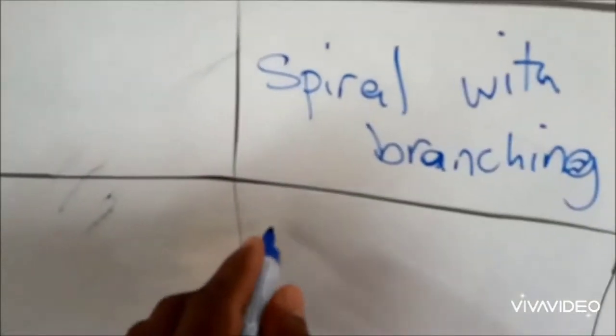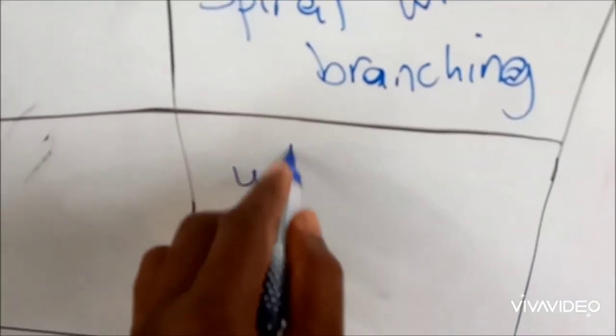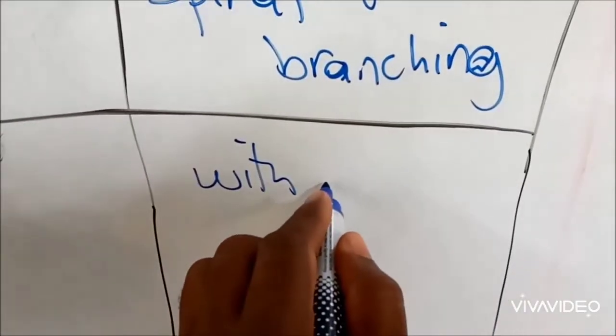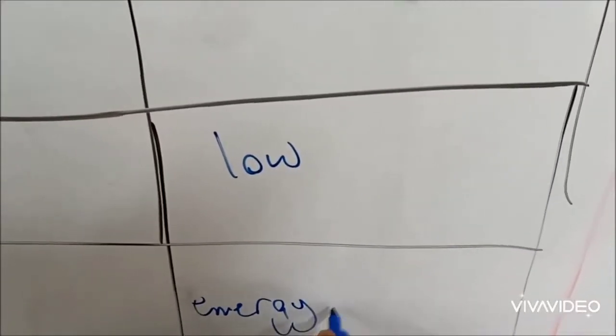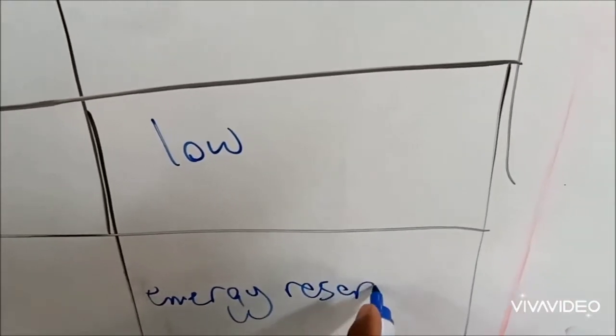Good. The hydrogen bonds are going to be within, and the solubility is going to be low as well, because the same reason we gave for amylose is the same reason here, and it's also going to serve as an energy reserve.